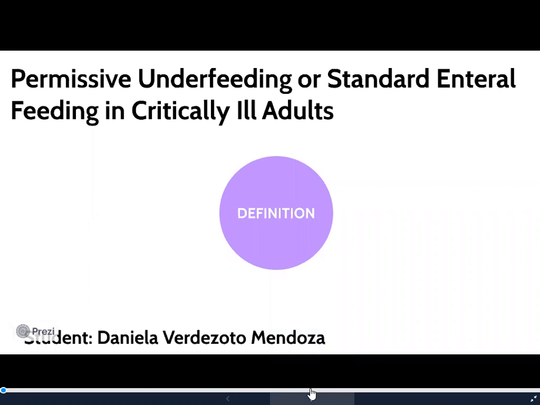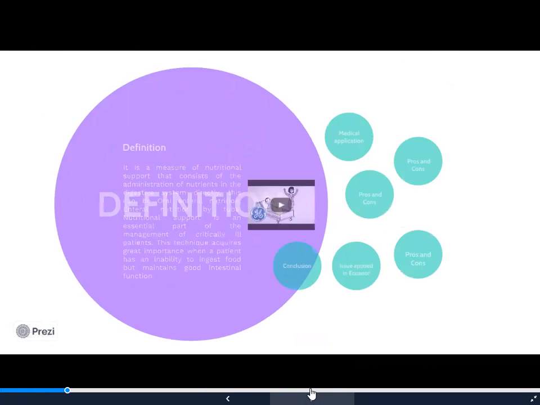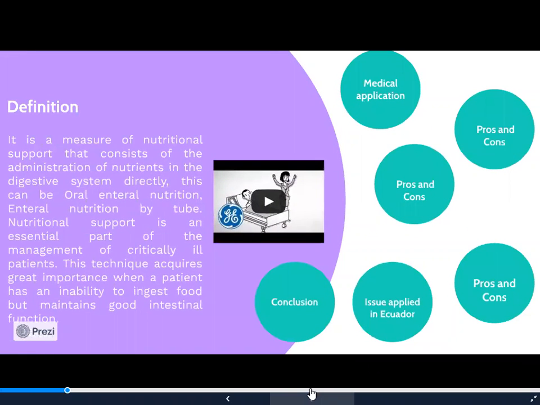The permissive underfeeding or standard enteral feeding in critically ill adults. Definition. It is a measure of nutritional support consisting of the administration of nutrients directly into the digestive system. This can be called enteral nutrition.